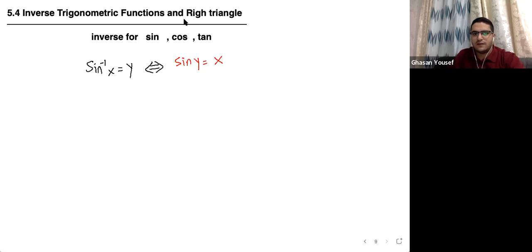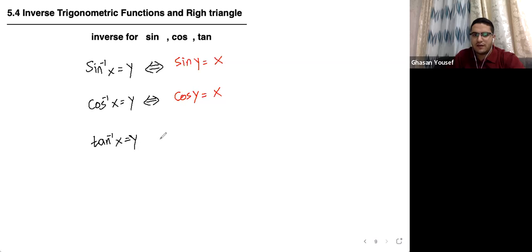For the second function, cosine inverse of x equals y. This means if you take the cosine of both sides, you will get cosine of y equals x. Now the third one is tan inverse of x equals y.